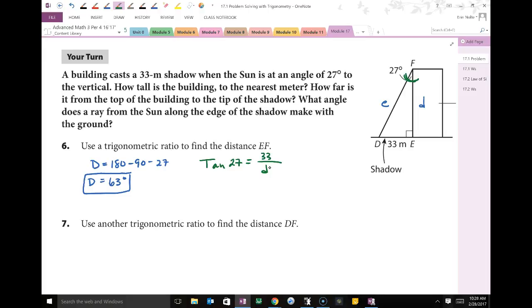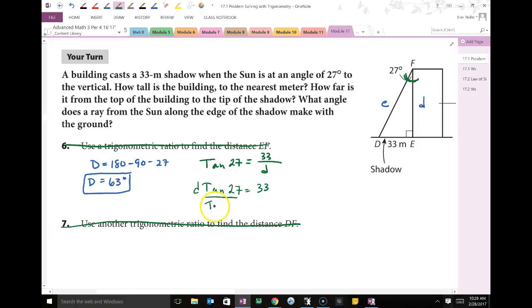Let's just say we're going to solve the triangle. How do I solve for the D? Multiply the D out, right? So we have D times the tangent of 27. How do you solve for D from there?